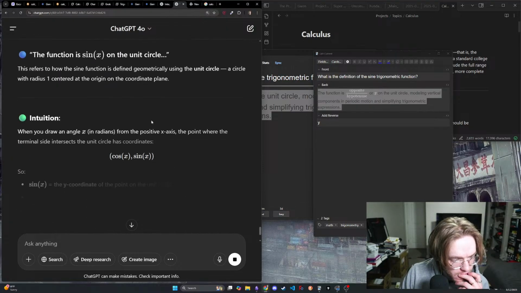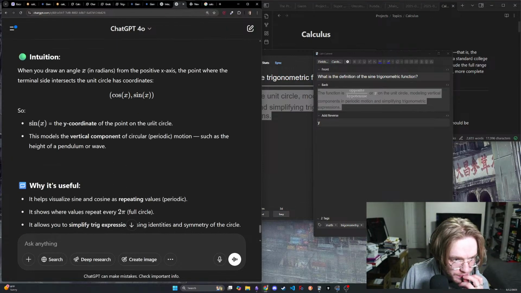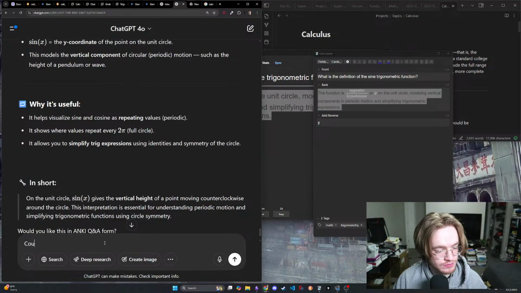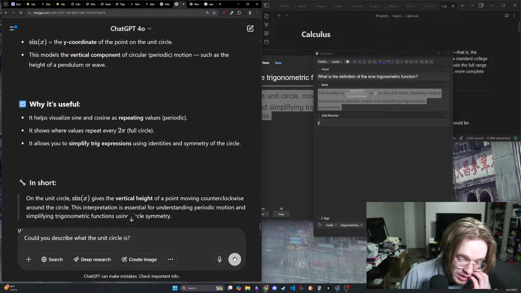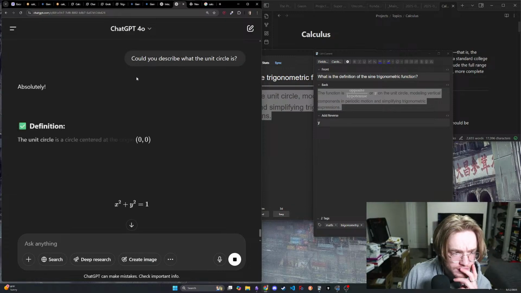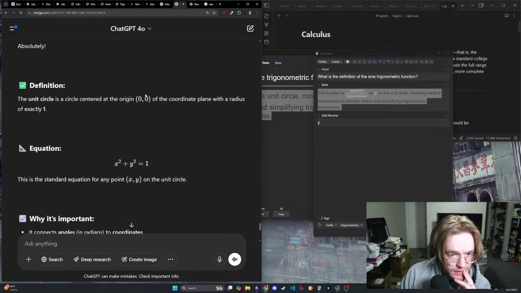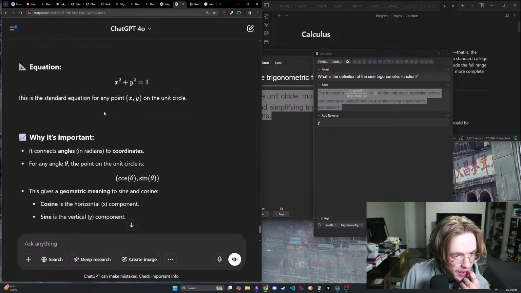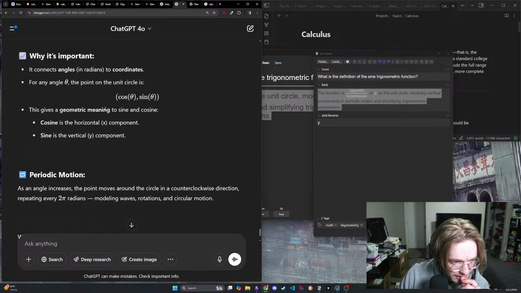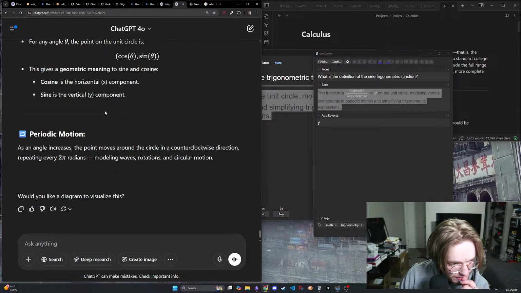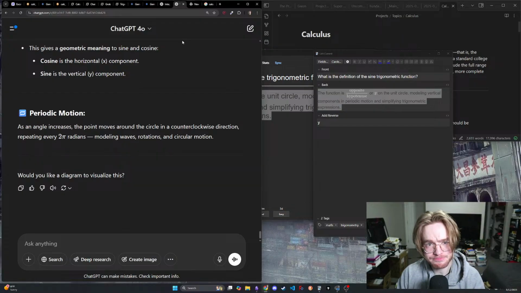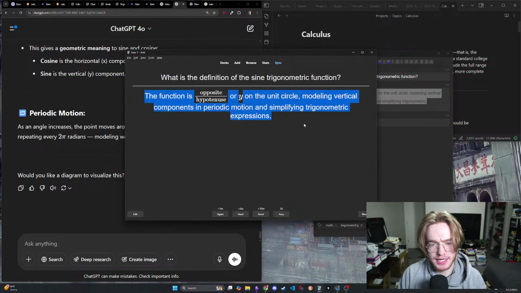Okay, the radius of exactly 1. Nice. Okay, I think for now, this is fine.